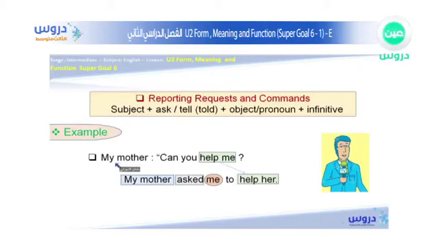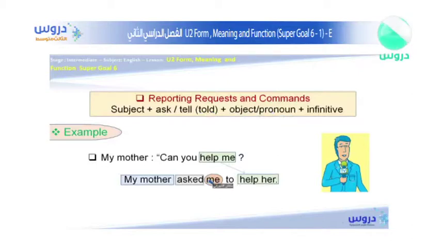For example, okay, we want to understand now. We have an example. My mother is saying, can you help me? Okay, this is her question, can you help me? So we say, my mother, this is the subject. Asked, maybe asked in the past.